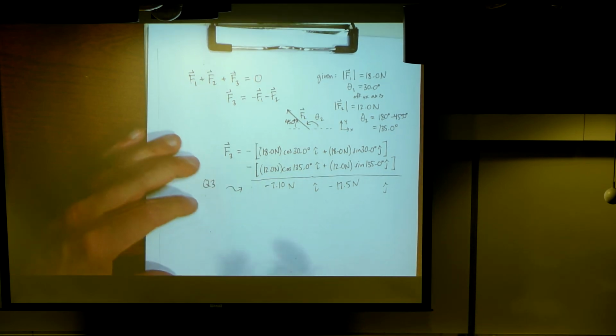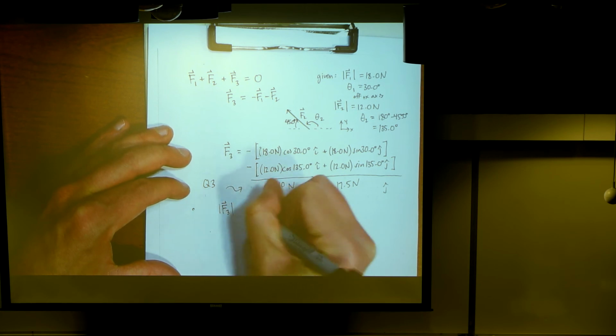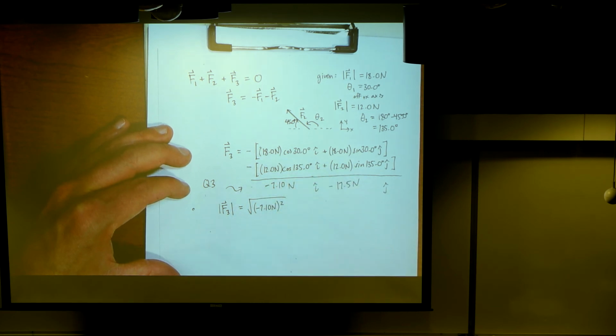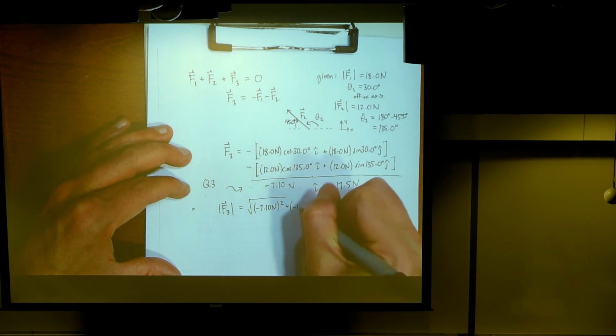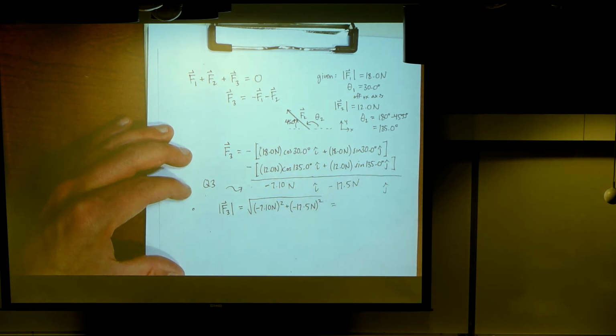So if I want the magnitude of this guy, then I'm going to take the square root of minus 7.10 newtons squared, that's the x component squared, plus minus 17.5 newtons squared, and then I'll get my answer.